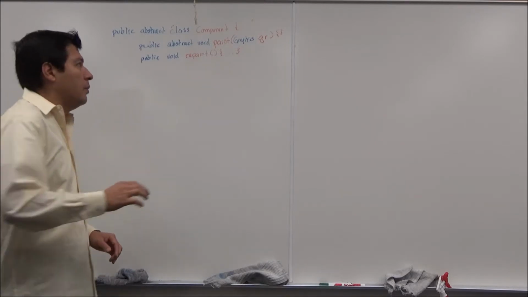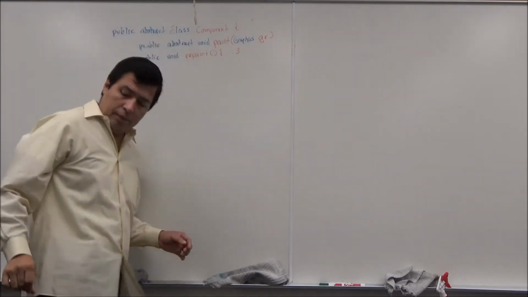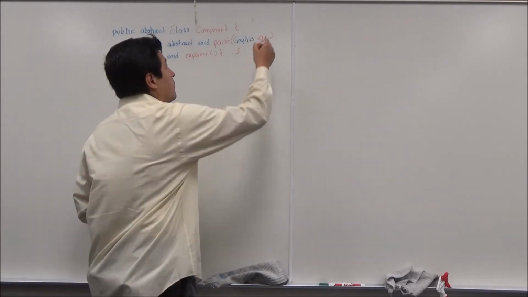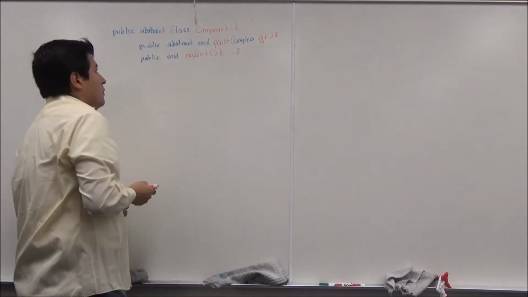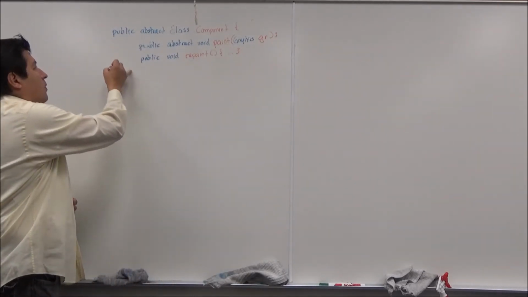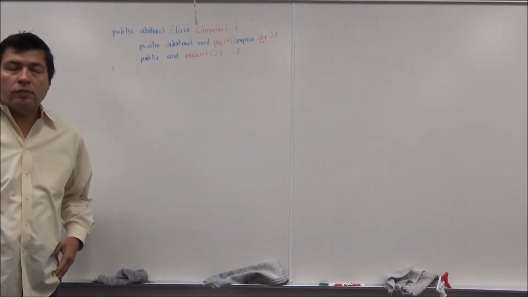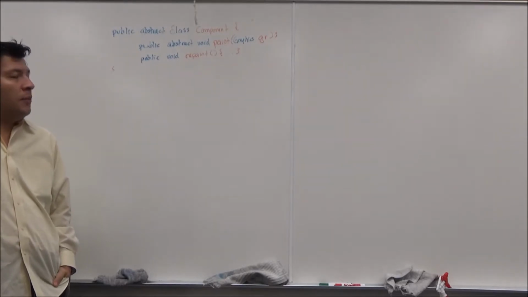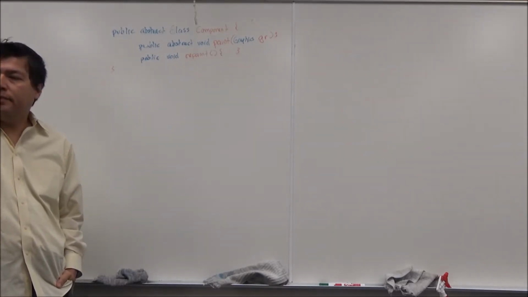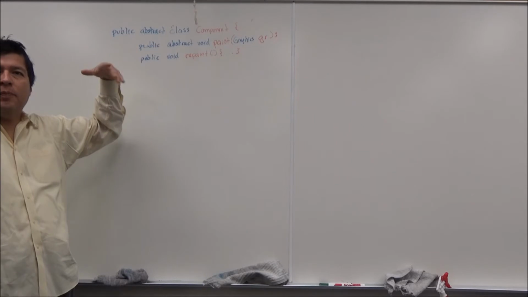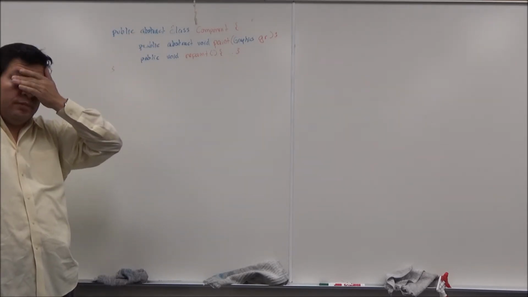Yeah, it was correct before. So that means I have this class component. It's abstract, that means it has to be inherited. But I have a few methods and properties there that I kinda need.